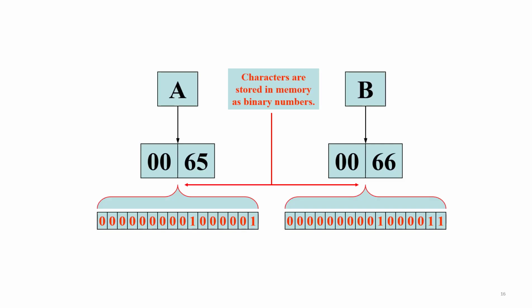So the characters capital A and B would be stored as zeros and ones in 2 16-bit sequences like this. When you're looking at the ASCII chart, it only shows the lower 8 bits for each of the characters because the upper 8 bits are always 0 for the basic ASCII character set.